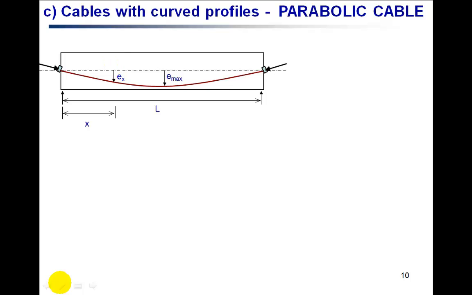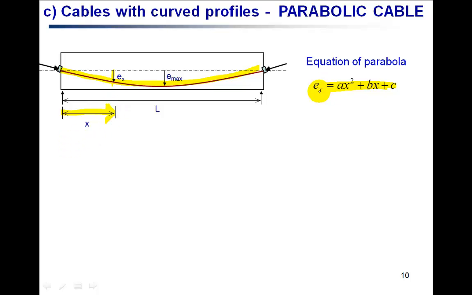Now if we consider a parabolic, more specific curve profile, the equation of the parabola is e(x) equals a x squared plus b x plus c, where e(x) is the eccentricity here and x is the distance from one of the supports.